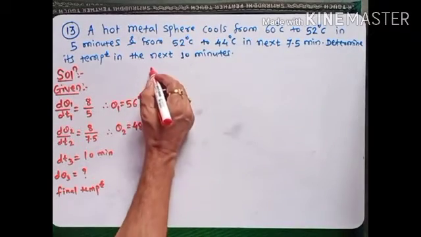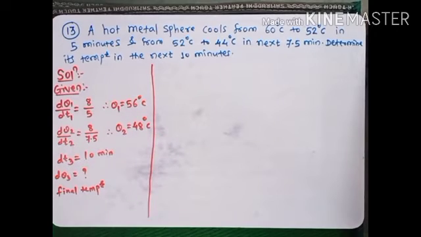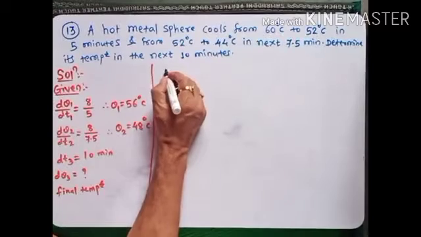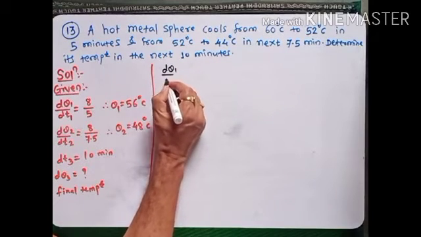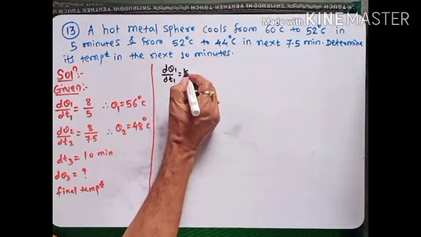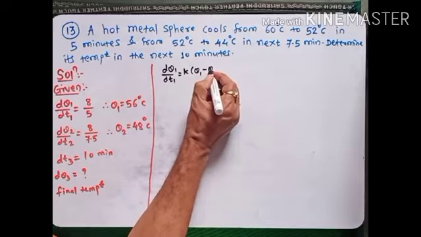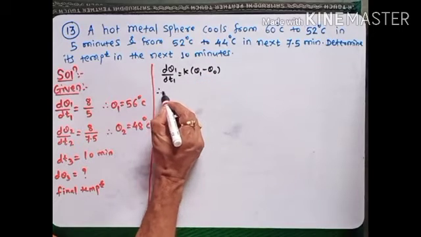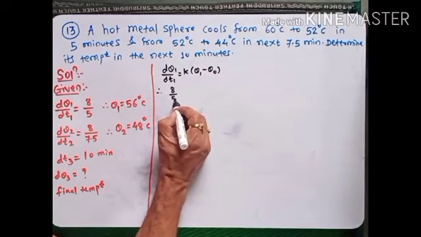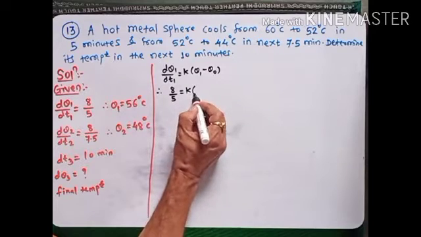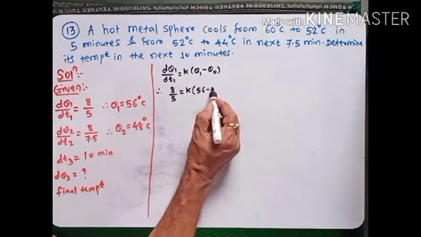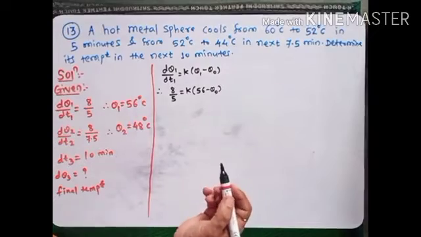Okay, now we will solve this. Suppose d theta 1 upon dt1 is equal to k into theta 1 minus theta 0, and therefore I will write here 8 by 5 is equal to k into 56 minus theta 0, which is not known.